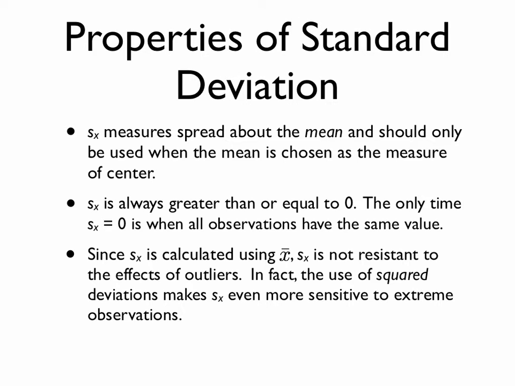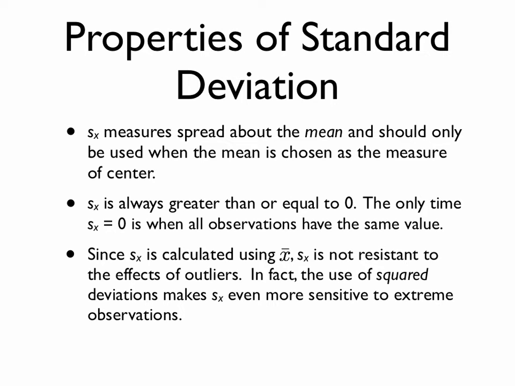So some properties of standard deviation that you should know. The standard deviation, which we call S sub x, measures the spread about the mean and should only be used when we're using mean as the measure of center. Standard deviation is always a value greater than or equal to 0, and the only time standard deviation actually equals 0 is when every observation has the same value.